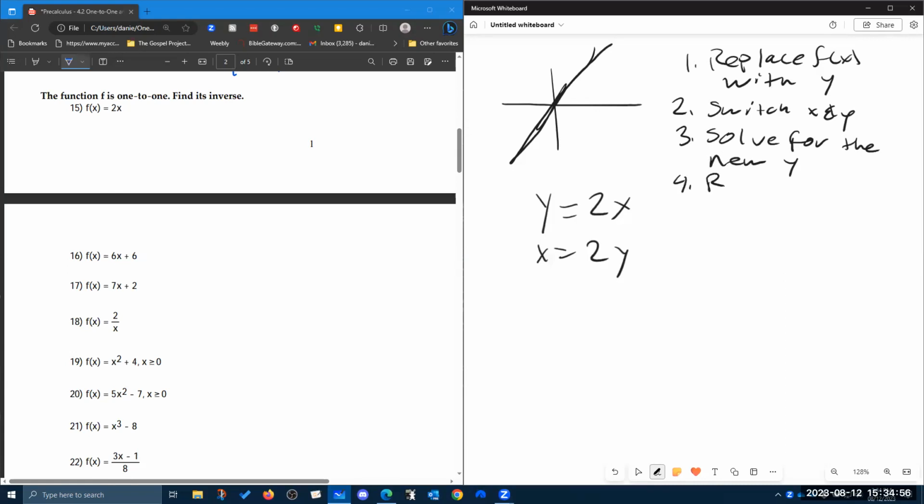We're going to replace that new y with the symbol f inverse of x. So y equals 1/2 x. We're going to write that as f inverse of x equals 1/2 x.